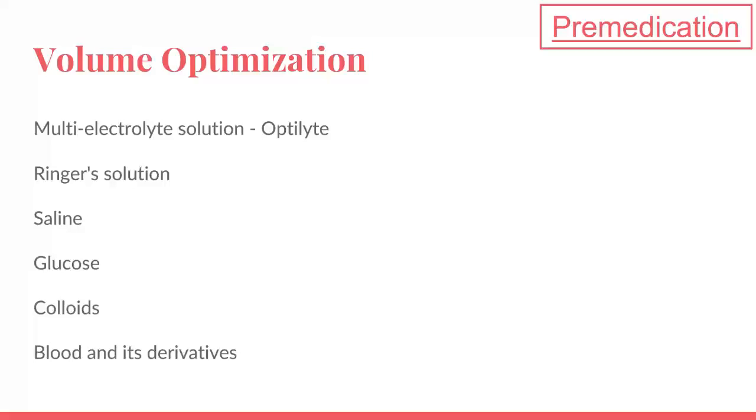Imagine that if the patient normally requires 2,500 milliliters of fluid per day, they should receive at least half of that, around 150 milliliters, in the 12 hours since dinner.